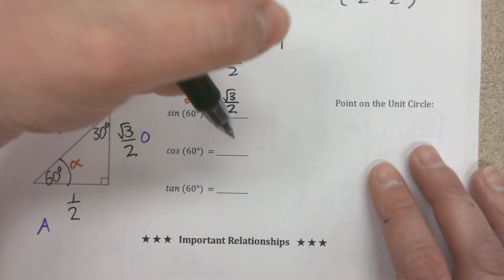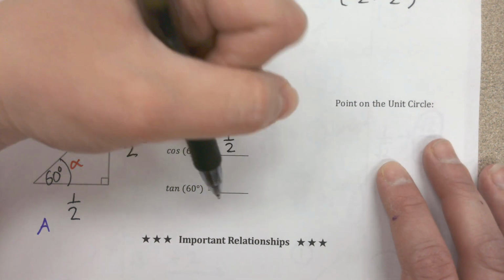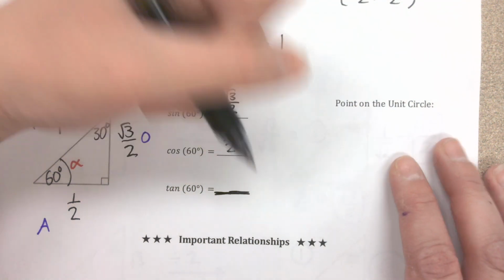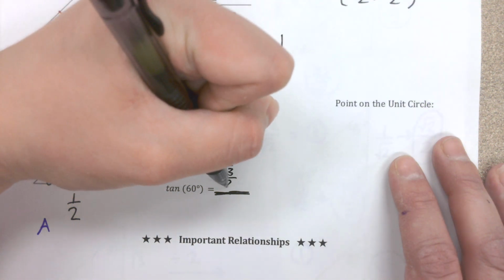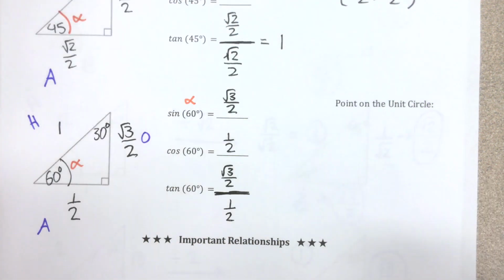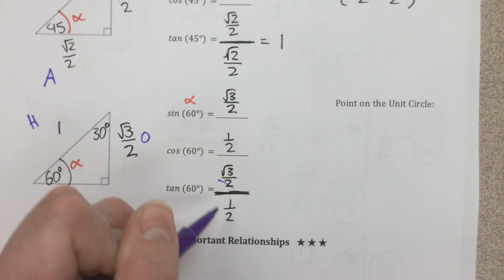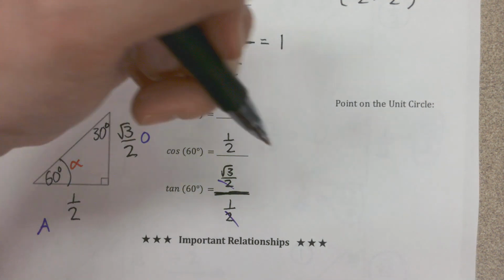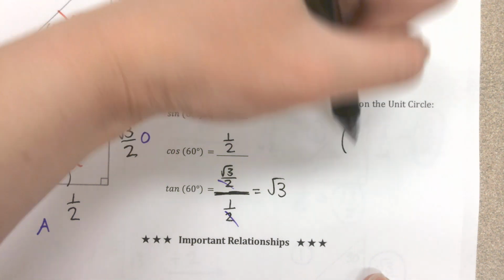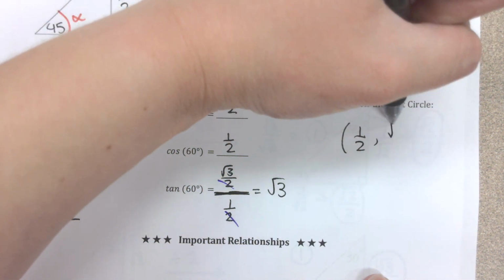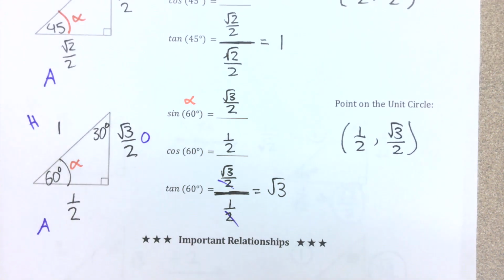Cosine, half over 1, so half. Tangent, this one's prettier. O over A, rad 3 over 2, over a half. Denominators cancel. It's just rad 3 over 1, which is rad 3. That point on the circle is a half, rad 3 over 2.